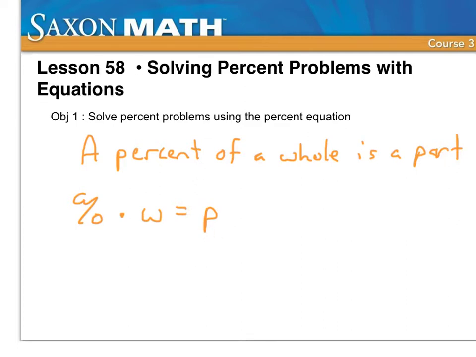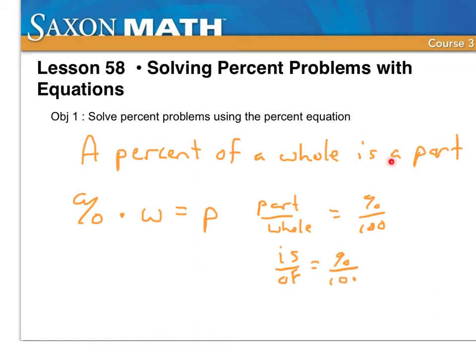Okay? And another way that we can do this is to say our part over our whole is equal to the percent over 100.